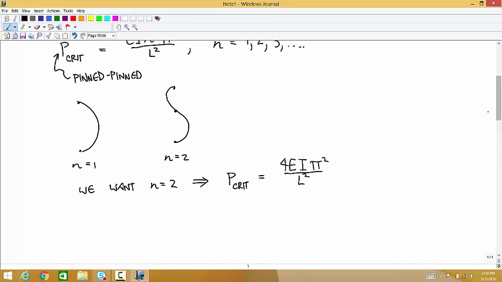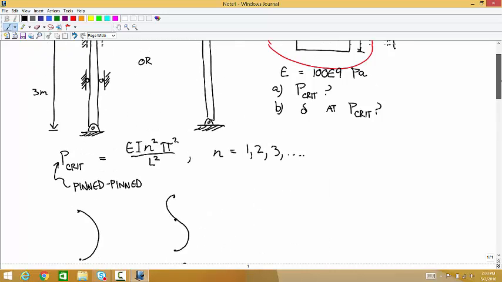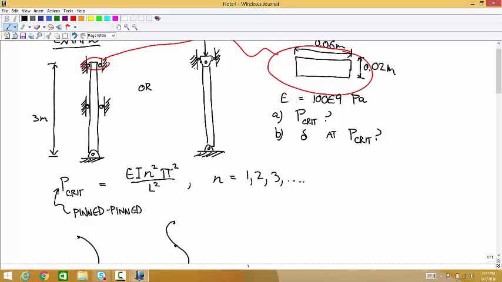When you say pin, yeah, balance pin on the right. Yeah, and these are both equivalent. Even though there's no pin here, the pinned at the top just means that the angle is free to take whatever value works out.